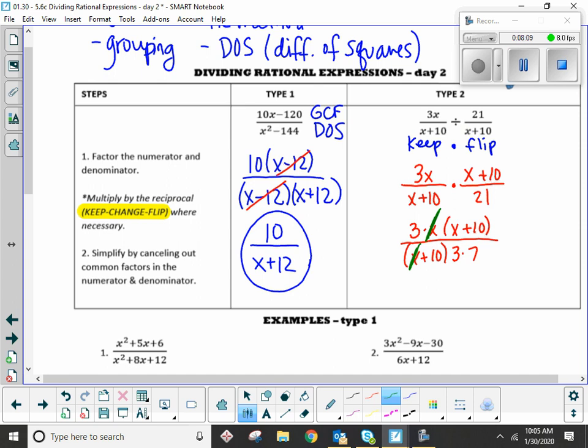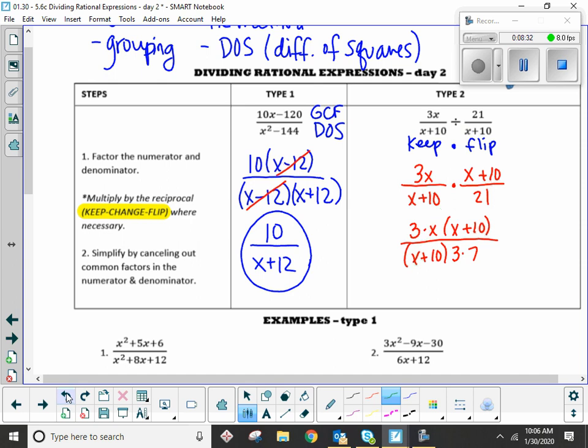It's bad because you can only cancel factors, which are things that are being multiplied. This x on the bottom is not being multiplied. It's being added. That's a term. It's not a factor. So you can't cancel things that are being added or subtracted. You can only cancel things that are being multiplied by other things.